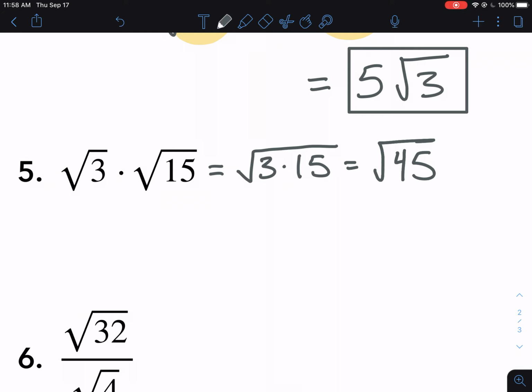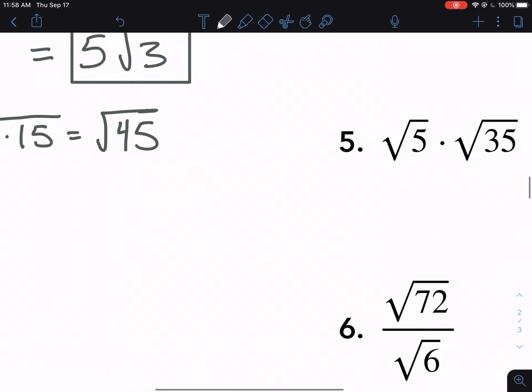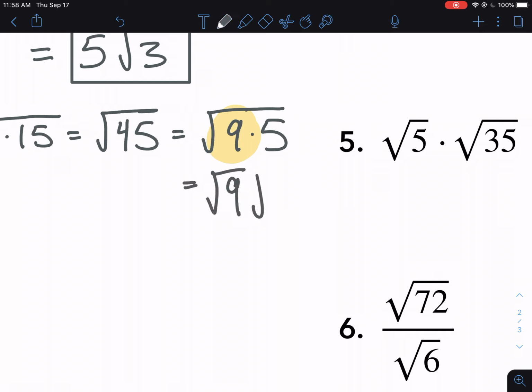Now as I go through my perfect squares, 45 isn't divisible by 4, but it's divisible by 9. 45 is 9 times 5. And 9 is a perfect square. So we're going to say this is equal to the square root of 9 times the square root of 5.